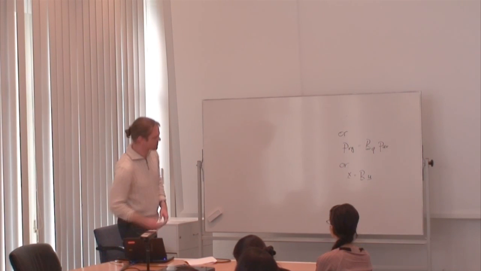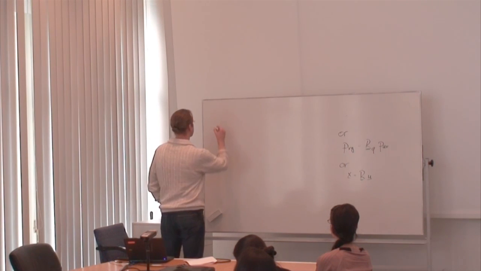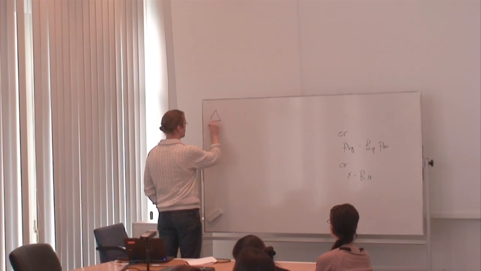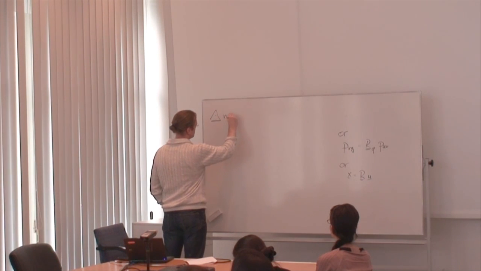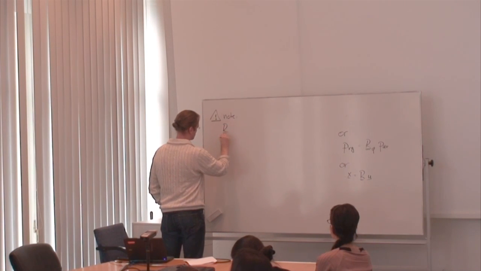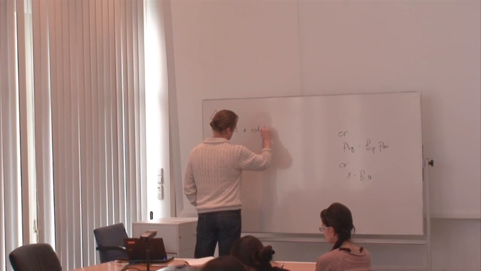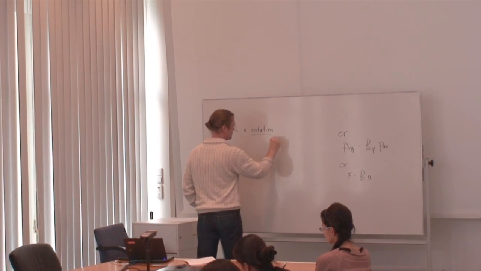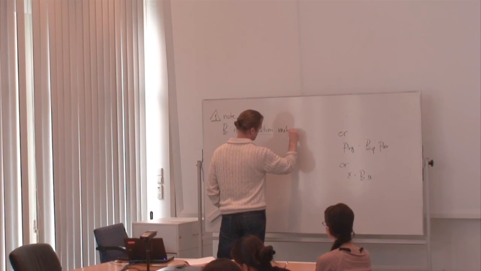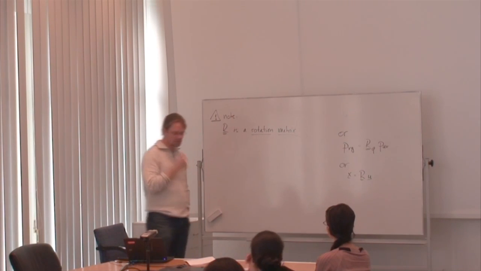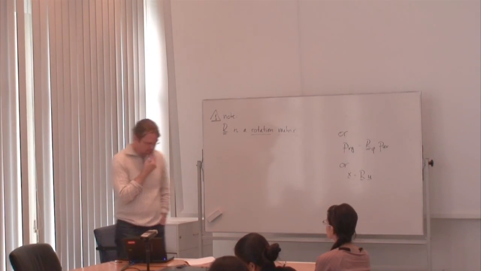Why is this a special matrix? Well, I already said it. R is a rotation matrix. Now, why is that special?